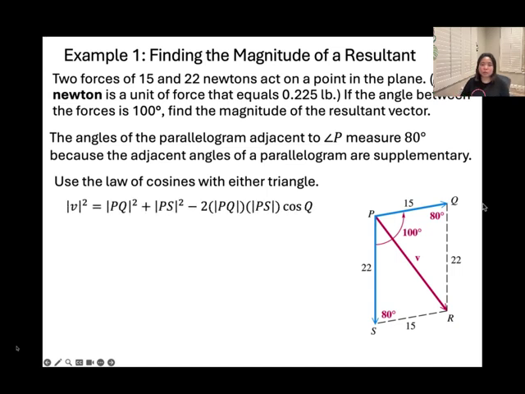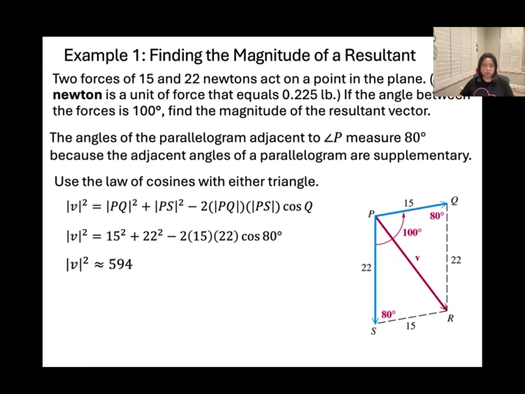So when you plug it into the law of cosines and use your calculator, you should get 594.